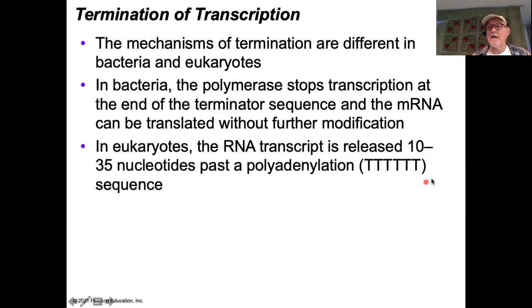And it does so several bases past a signal that reads TTT or TA. And I won't go into the details, but in prokaryotes, there are various ways in which the DNA actually kicks the RNA polymerase off.